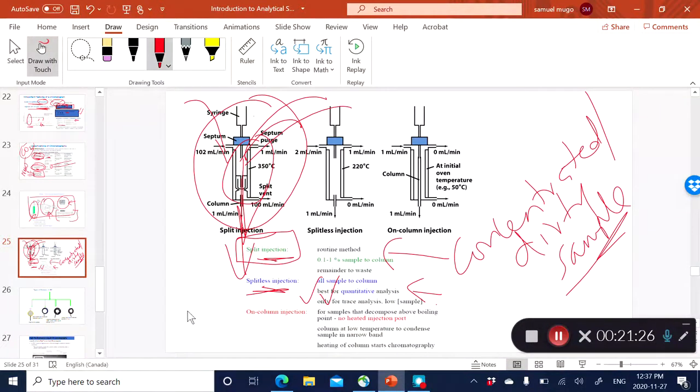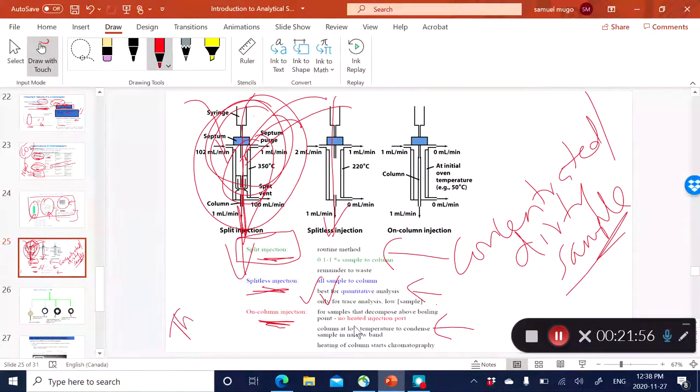And lastly, the other type of injection is a so-called on-column injection, where instead of having this injection port, I essentially have my sample being injected directly onto the column, and then after that, chromatography takes place. On-column injection is especially important if at all the type of sample I'm analyzing is thermally unstable.